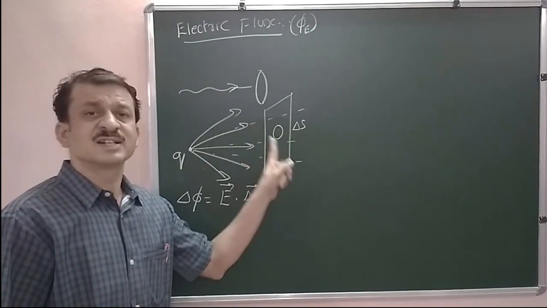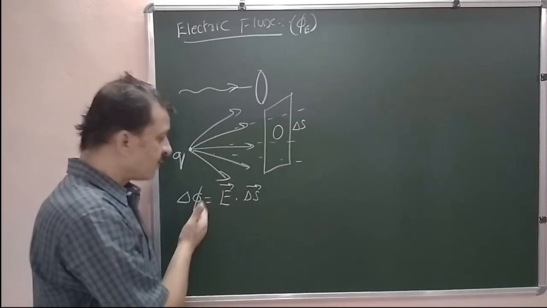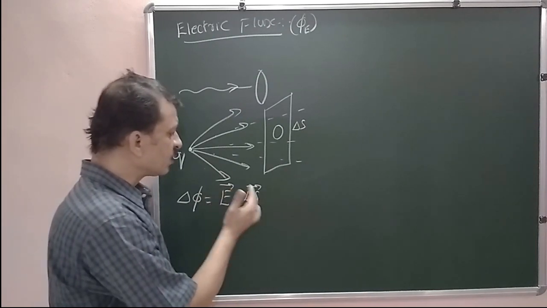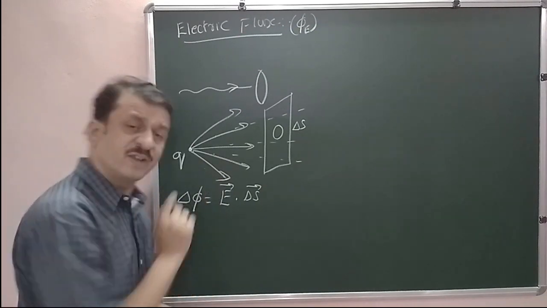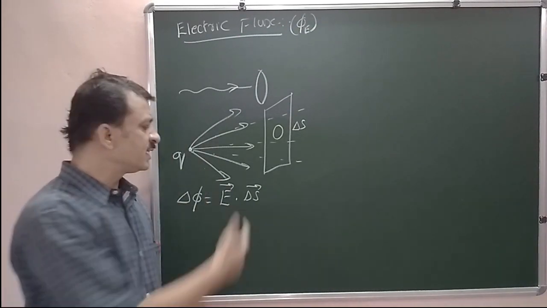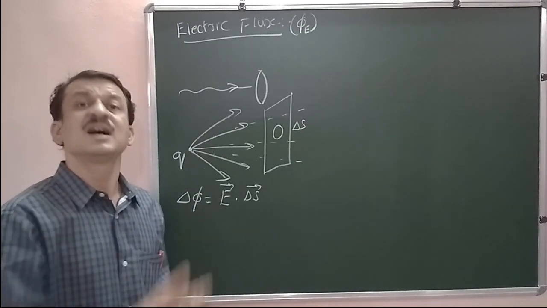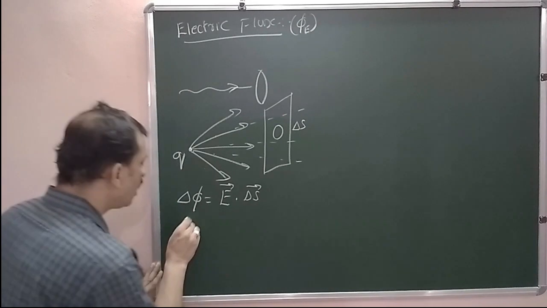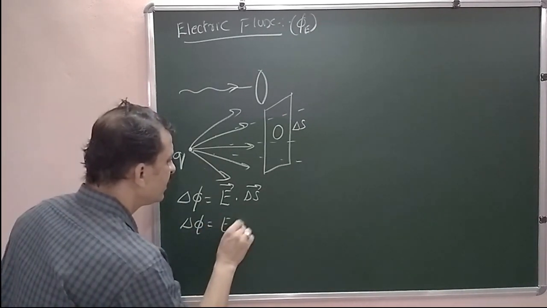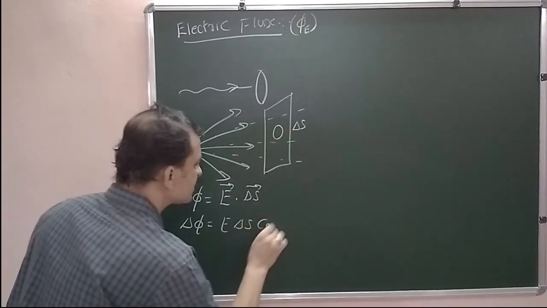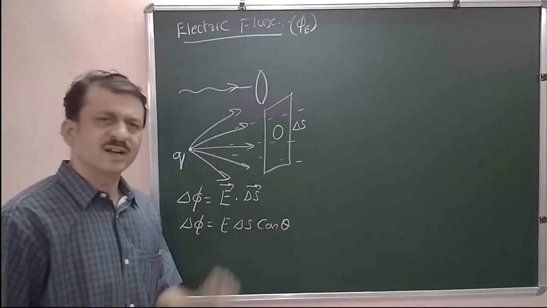Here we are considering area as a vector quantity, because the flux not only depends on the field and the area, but also on the orientation of the area with respect to the field direction. For that reason, we consider surface area as a vector quantity, or it can be written as electric flux is given by E ds cos theta. The magnitude comes from the dot product, which gives cos theta.